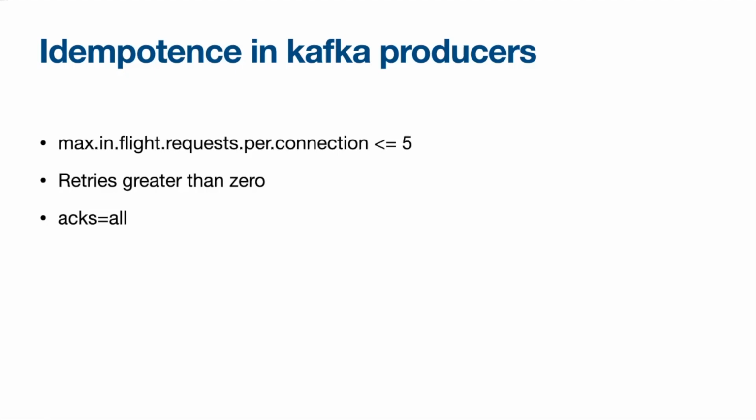Don't worry, the gist of this is that you have to write data only once into your Kafka topic, and once we go to the hands-on part later in this video, everything will be clear. Until then, just remember these three are the important properties to keep in mind when you want to build an idempotent Kafka producer.